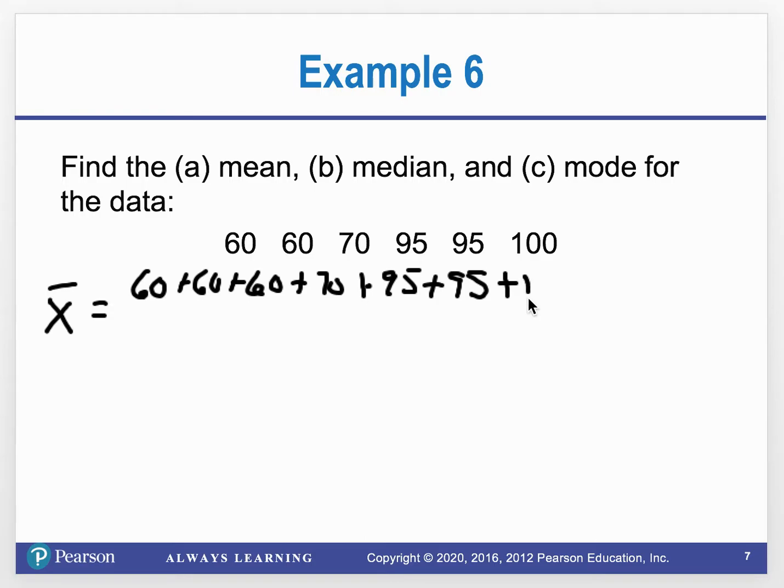What most people mean by the word average is actually the mean. Add them all up, 1, 2, 3, 4, 5, 6, and divide by how many there are. So let me get to my calculator, and we have 60 plus 60 plus 60, 17.